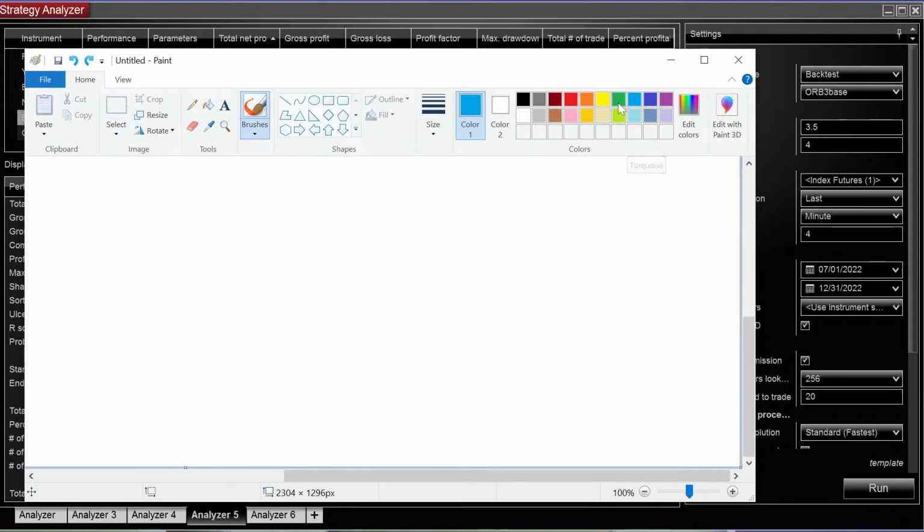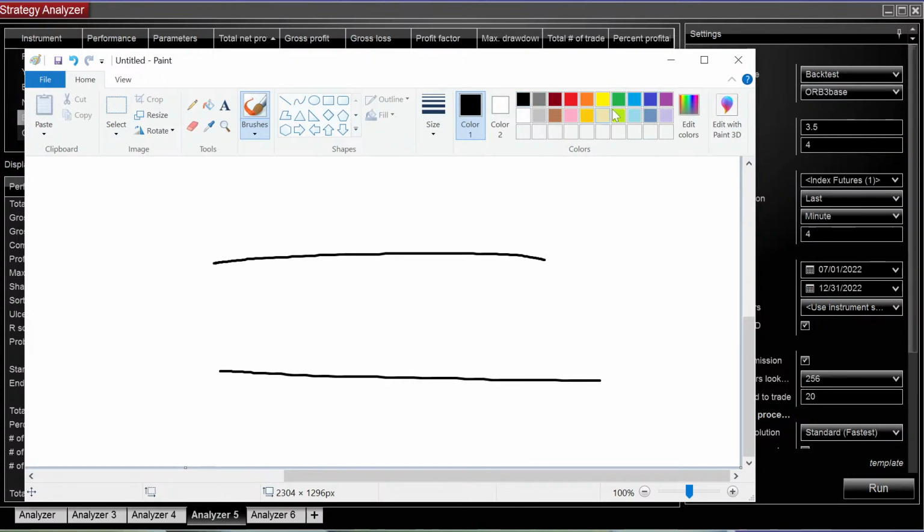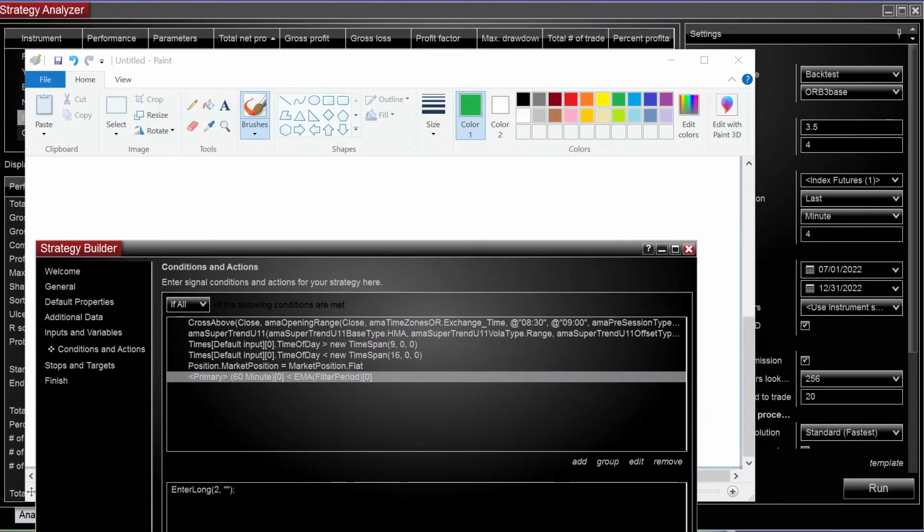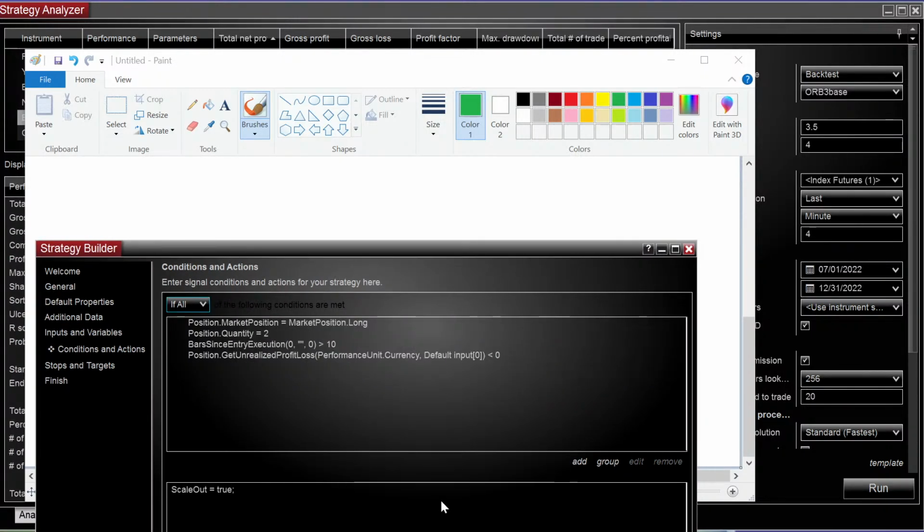By the way, Akotic, I have a question. Right now I'm on the set 4, and I'm trying to recreate the strategy. And I see on the third condition, you have bar since entry execution. Can you check that?